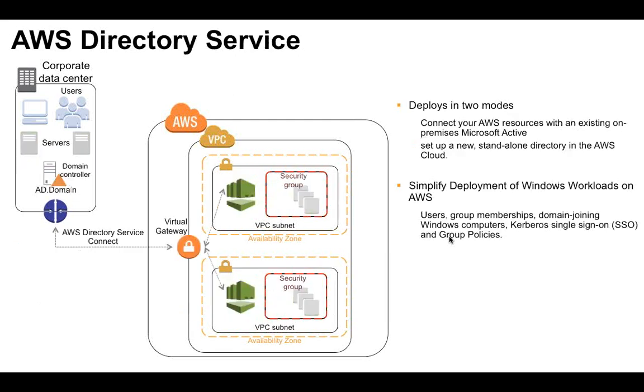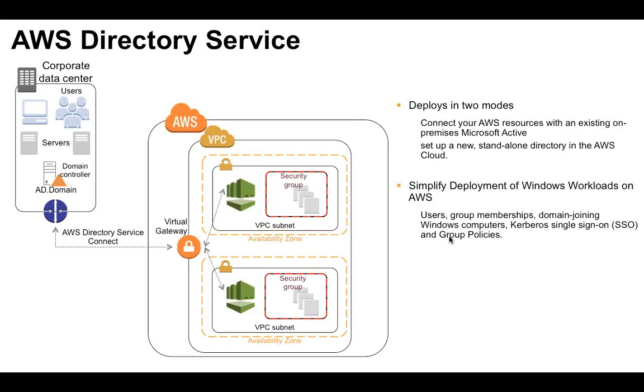Now, when you bring in enterprise applications, some of the other foundational building blocks could be directory service. AWS has launched a directory service that lets you create a directory service on the cloud within your VPC, and lets you connect back to your own domain controller and connect to your on-premise resources. So this is the AWS Directory Service.